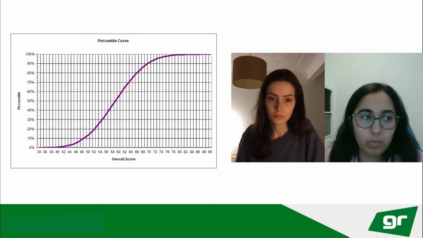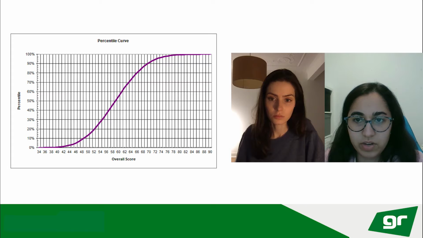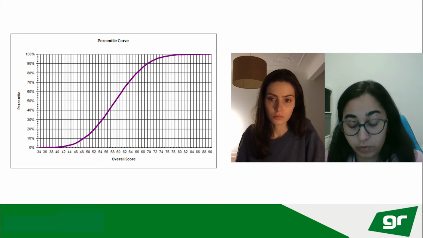So while we talk a lot about the scores, it's also important to think about the percentile for your particular sitting as well. Anything else you wanted to add to that, Sienna? Yeah, I think it's really important for students to know that even a very small increase in the overall score can really make a big difference in terms of moving people up or down that curve.